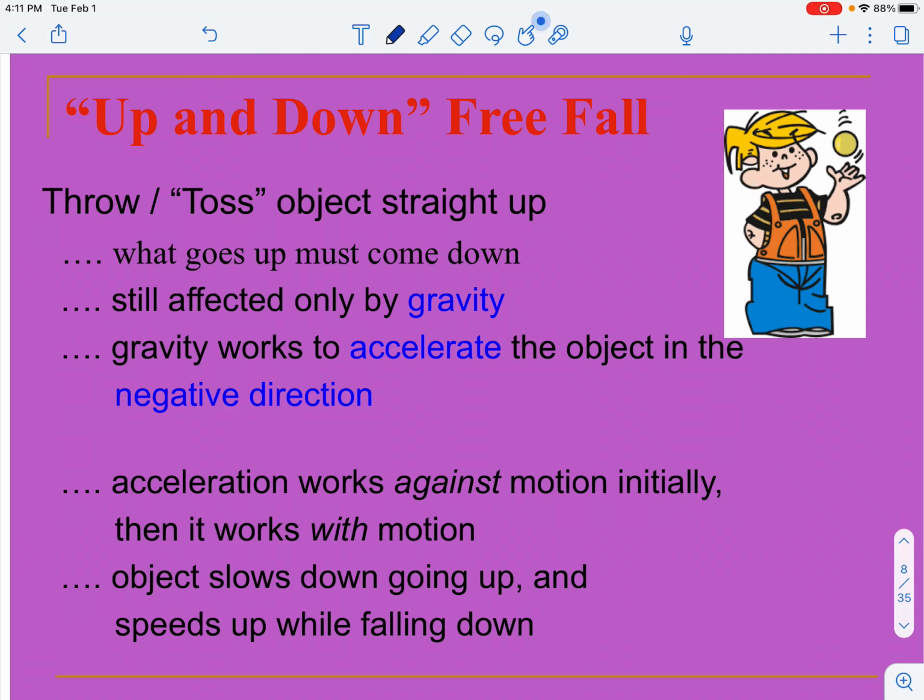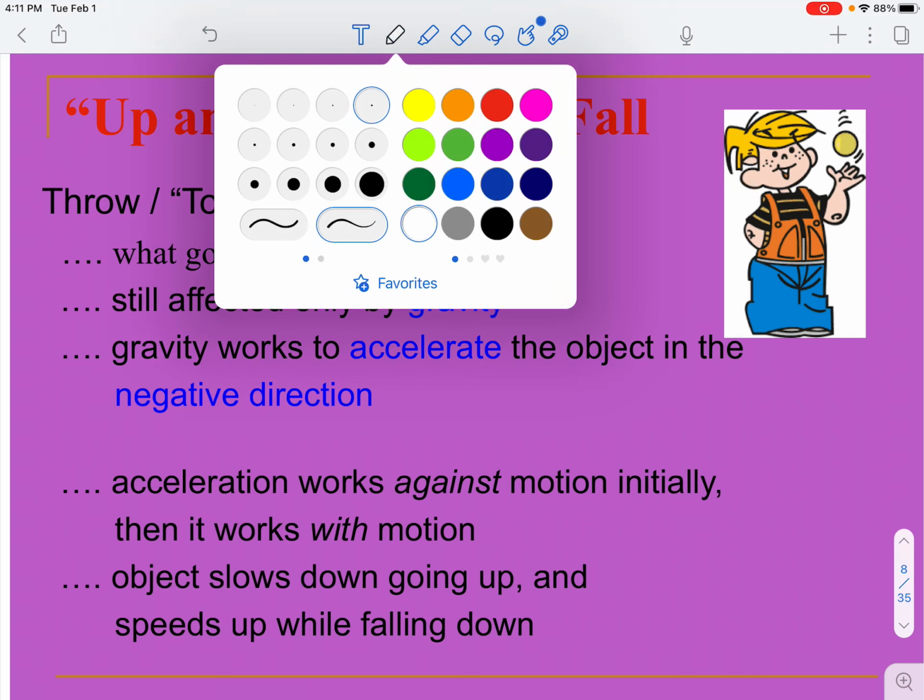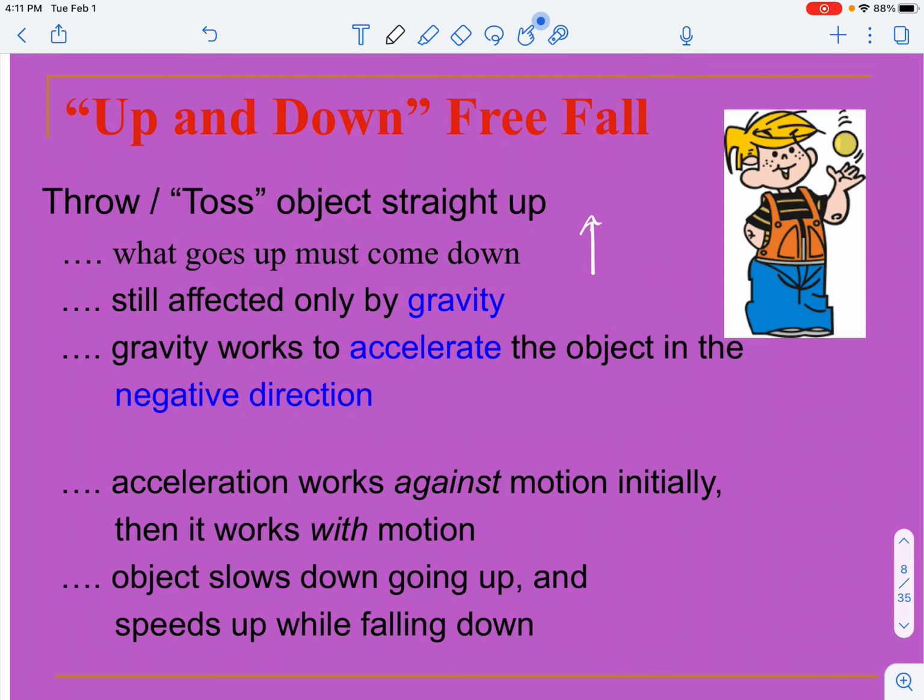So remember, we've identified acceleration could be positive or it could be negative. So here is a situation where we have an object that is moving up in the positive velocity direction. And then now we're saying that object is going to be moving upward. So my velocity is upward, but my acceleration is in the negative or downward direction.